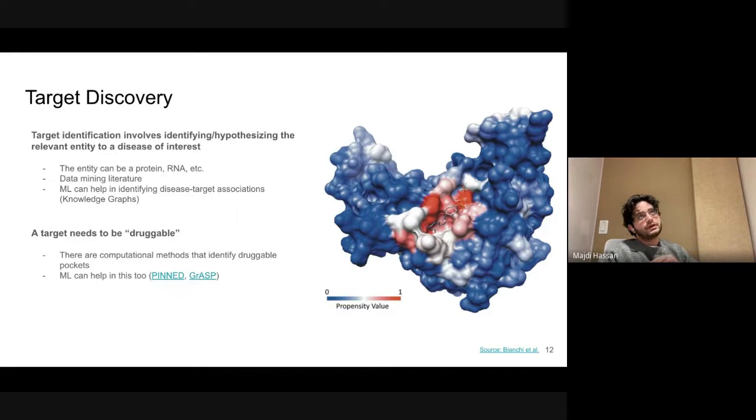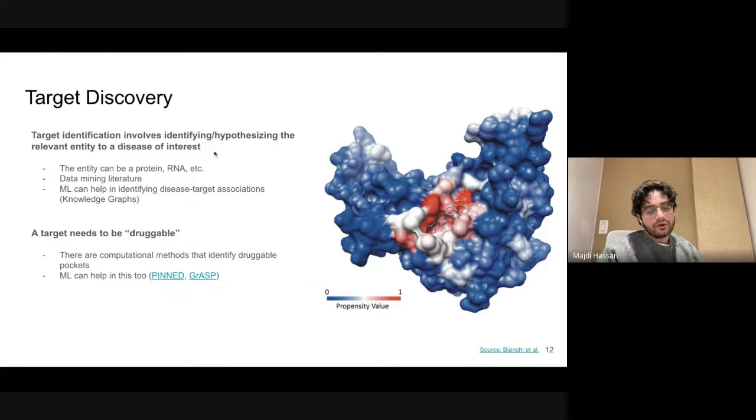But how can you design a key to open a door if that door doesn't even have a lock? Essentially, if there are no suitable pockets for a compound to bind itself to the protein, then it is unable to drug the protein. It's unable to elicit a response or be bioactive against that protein.